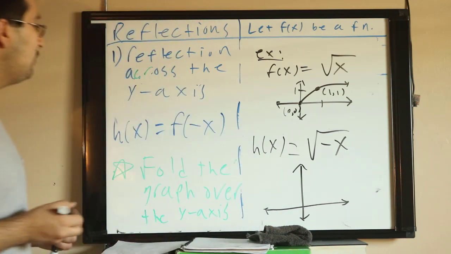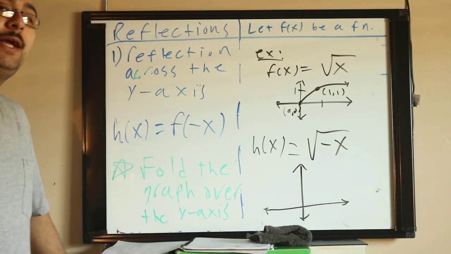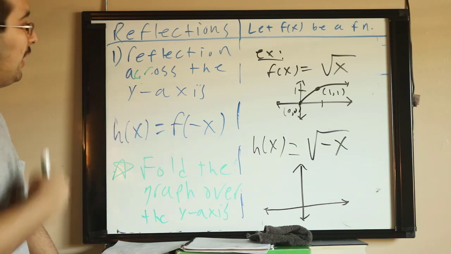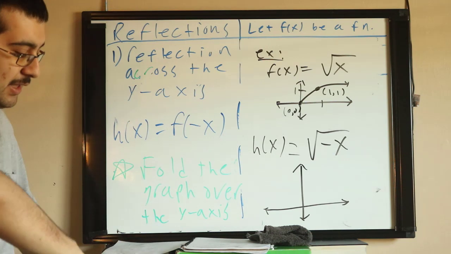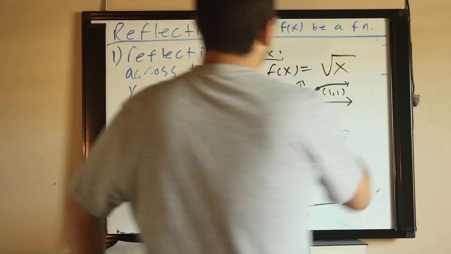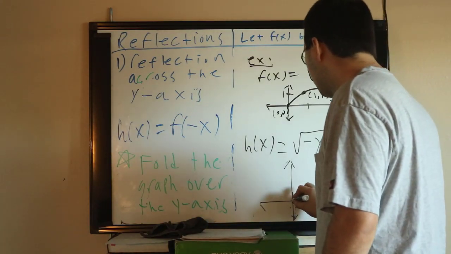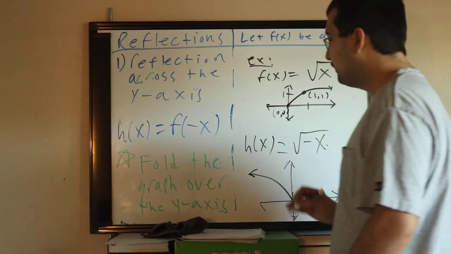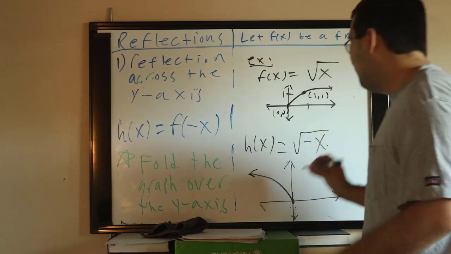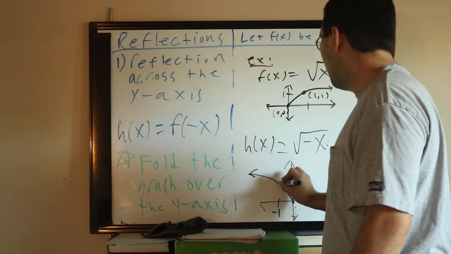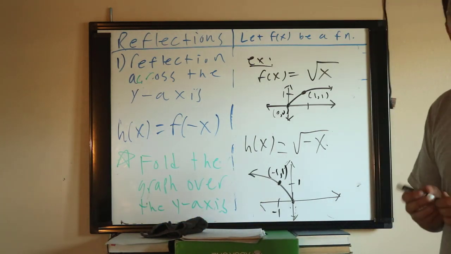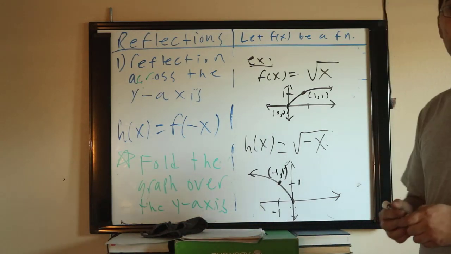To do a y-axis reflection, you take your parent graph and fold it over the y-axis. So if this was my original image, I now create that one. Hopefully we can all see the point 1, 1 will now become the point negative 1, 1. And there you go. We've reflected across the y-axis.